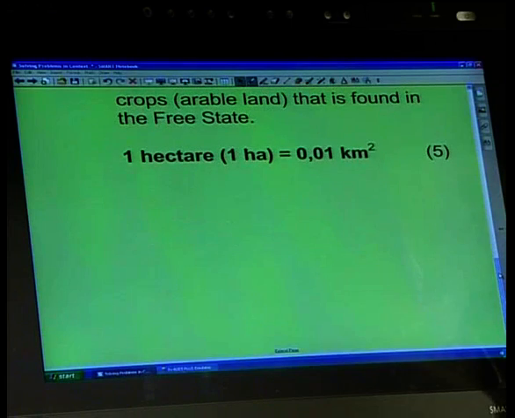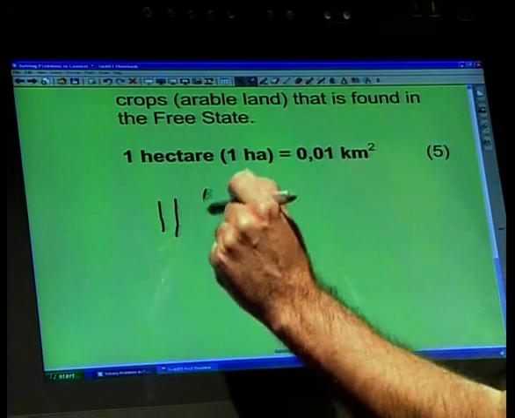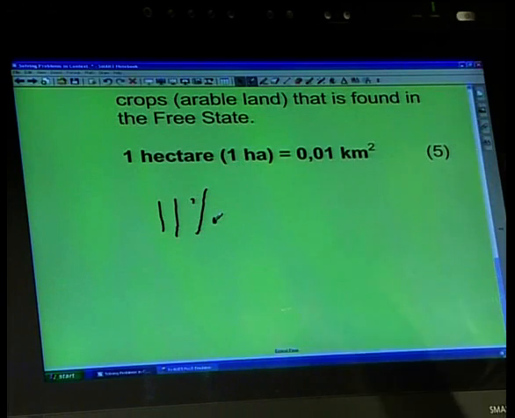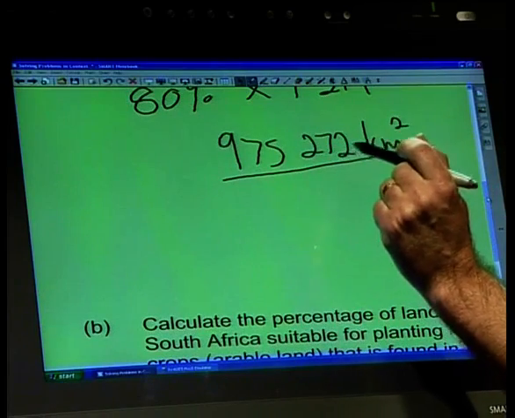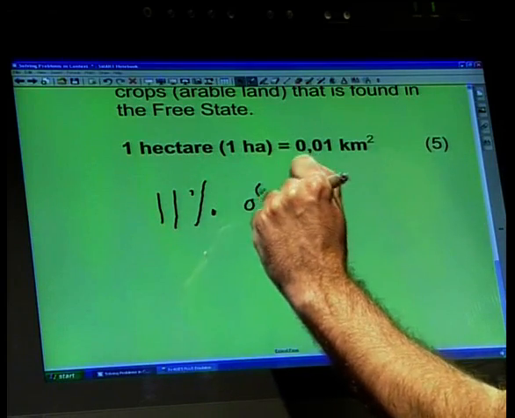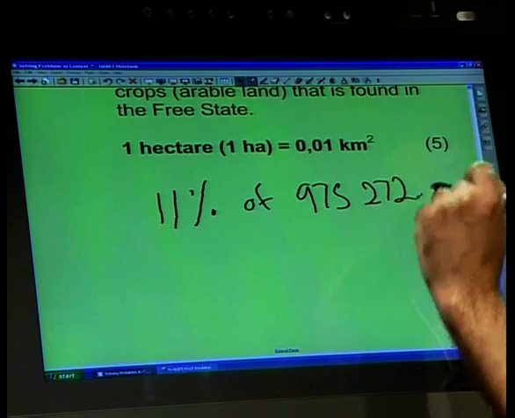You see, again, it's not the maths that's so difficult, it's understanding the question. It's easy to use the wrong figures. Well, we know we need 11%, but we don't want the total land, the 1.2 million that we had earlier. We need this figure, 975,272. 11% of 975,272.